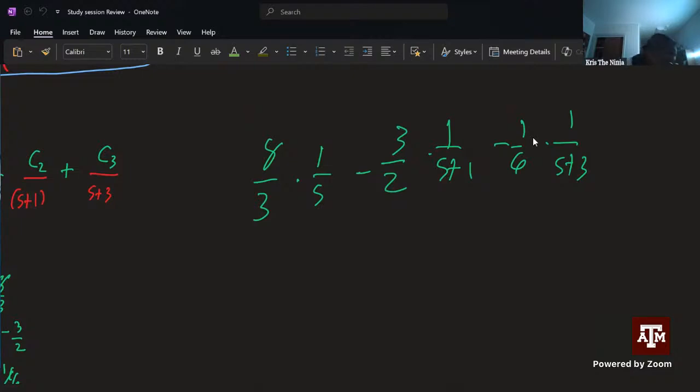Anyway, we know 1 over S comes from the step function.